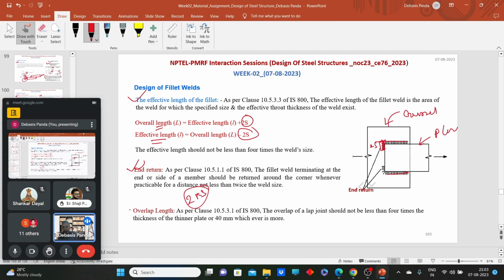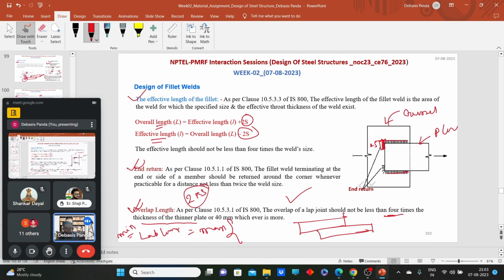Okay, now one more thing, overlap length. For the bolted joint, we don't need any kind of minimum lap length. But for this case, the code says the overlap length of the joint should not be less than 4 times the thickness of the thinner part, or 40 mm. That means the minimum lap length should be the maximum of 4 times the thickness of the thinner plate or 40 mm.